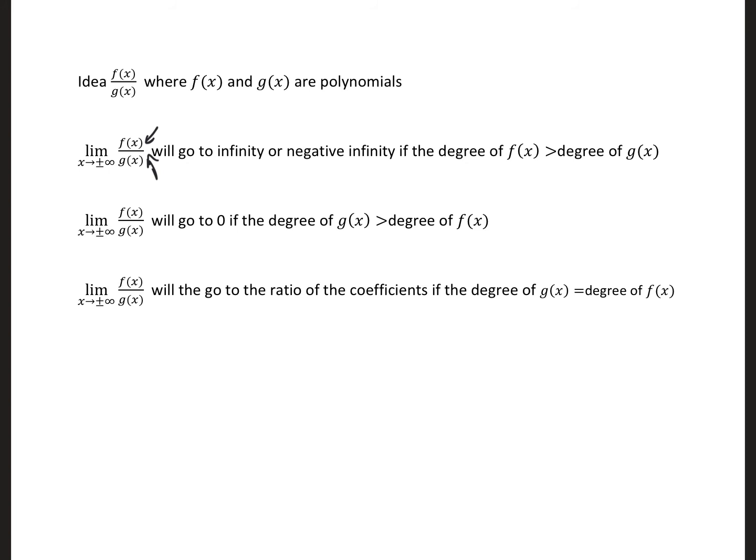If the function in the denominator has a larger degree, then the function will go to a value of 0 as we go to positive or negative infinity along the x-axis. And if the degree of the numerator and denominator are equal, then the function will actually go to the ratio of their coefficients. So I know this looks a little bit wordy, so let's look at an example.